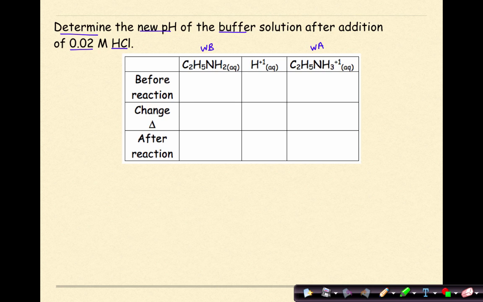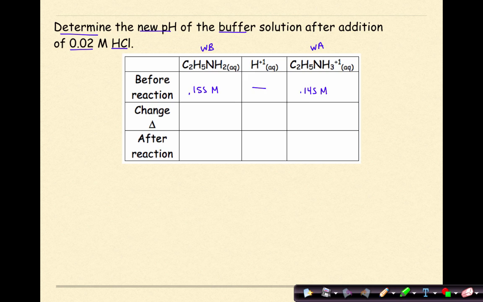And the H plus 1, of course, is going to be the ultimate stress of adding the hydrochloric acid. Before the reaction, I have 0.155 molar of my weak base, and I have 0.145 molar of my weak acid, and the H plus 1 has not been added yet.